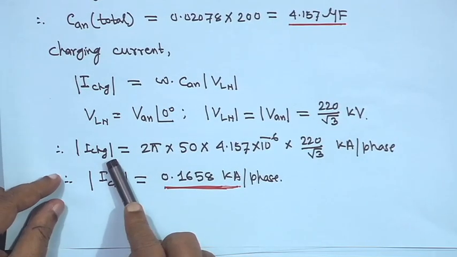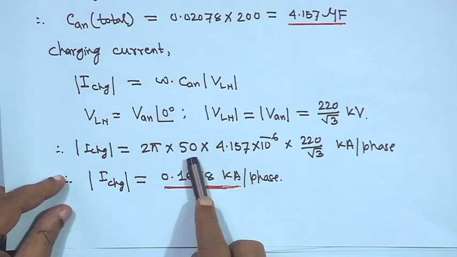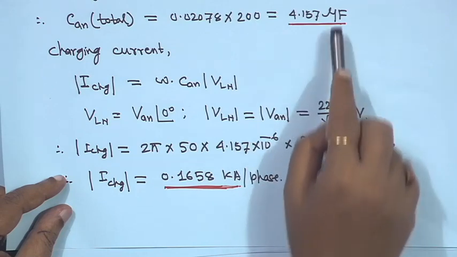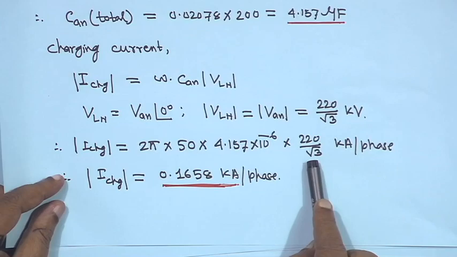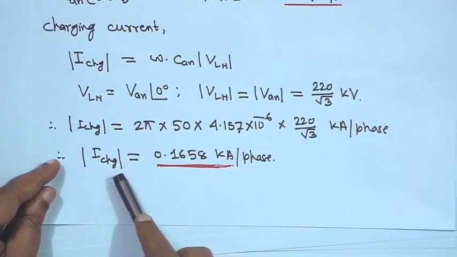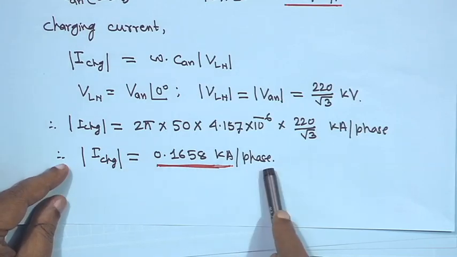Therefore, the magnitude of charging current is equal to 2 pi f, omega is equal to 2 pi f, 50 hertz system, into 4.157 into 10 to the power minus 6 farad, since it is microfarad, into 220 upon root 3 kilovolt. That means the magnitude of charging current will be 0.1658 kilo ampere per phase.